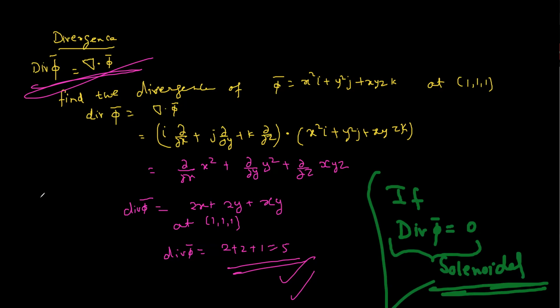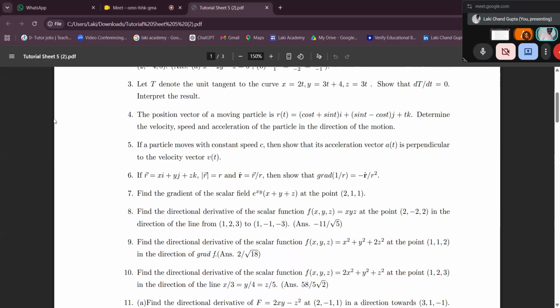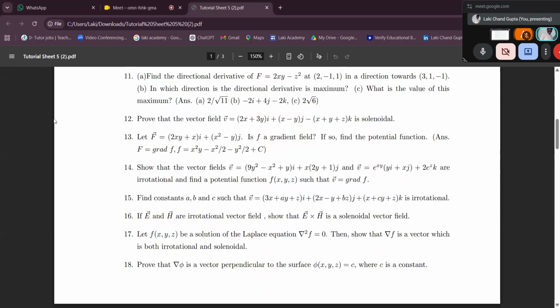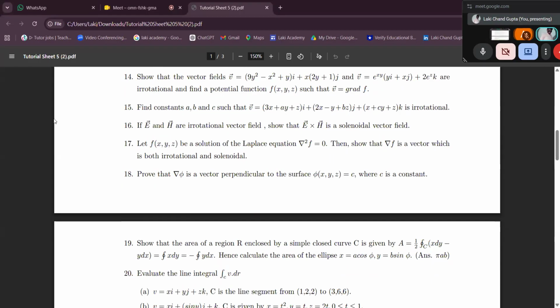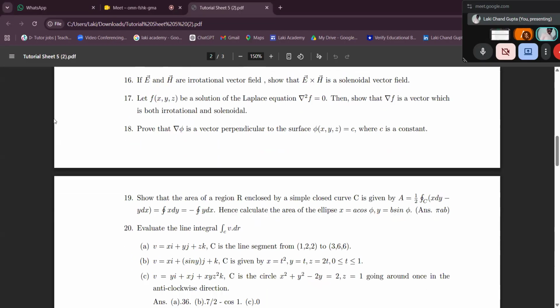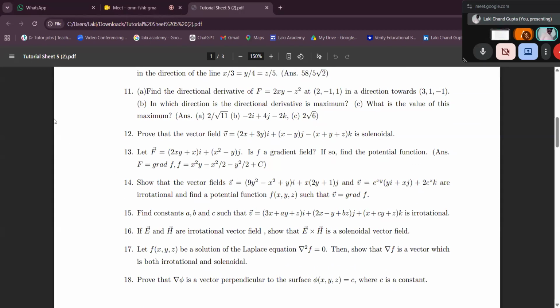Okay, now see. Question number 12. You have to prove that this is solenoidal.